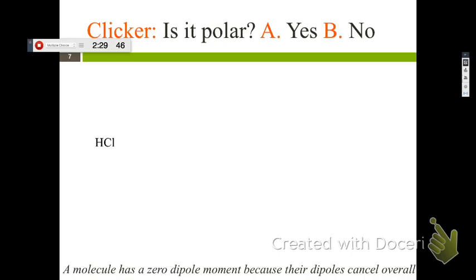Right, but what he was saying is if you have a bond going this way and a bond going this way, they cancel each other out. And a bond going this way and a bond going this way. Yes. So it's not polar.